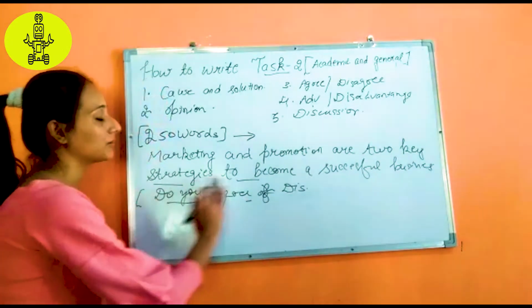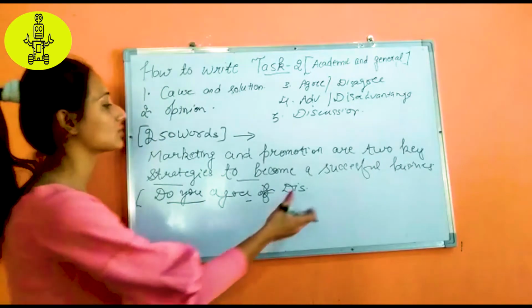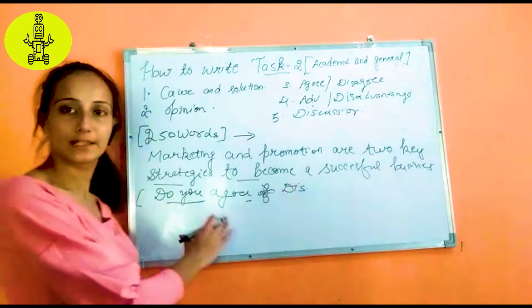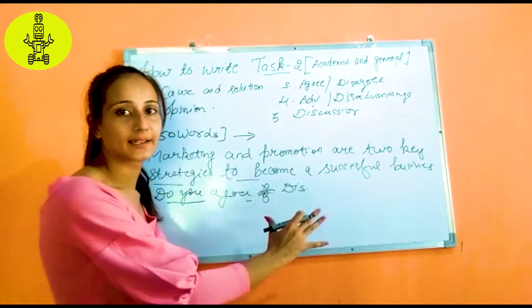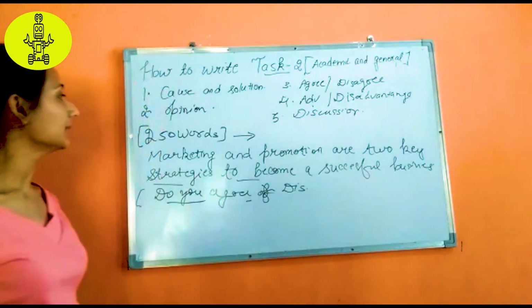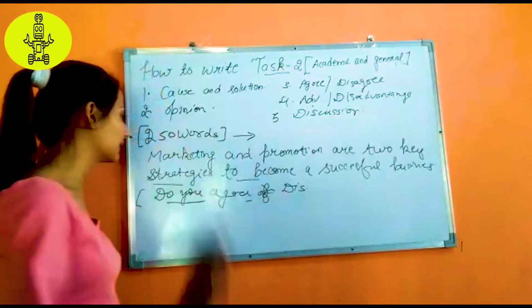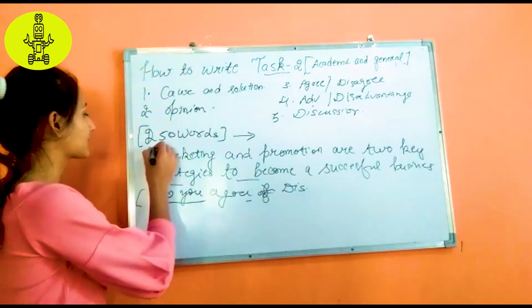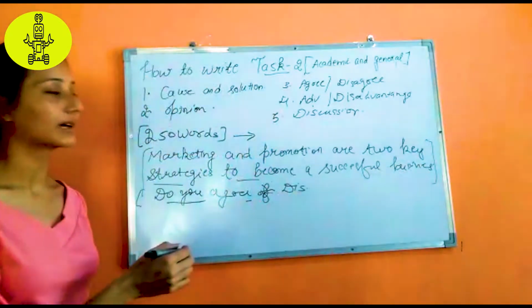So you cannot disagree with that kind of statement. If you need to disagree, then it should be mentioned here: do you agree or disagree. If it is not there, then you need to only agree with this statement. You can partially agree, you can totally agree, so it depends upon you. So now this is your headline, this is your statement, how you can write this.